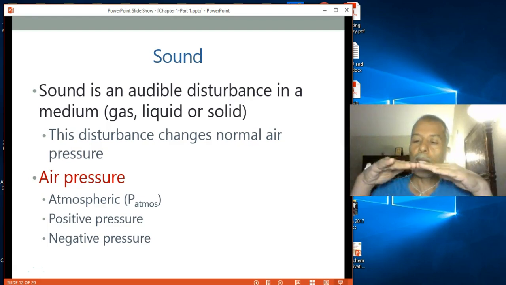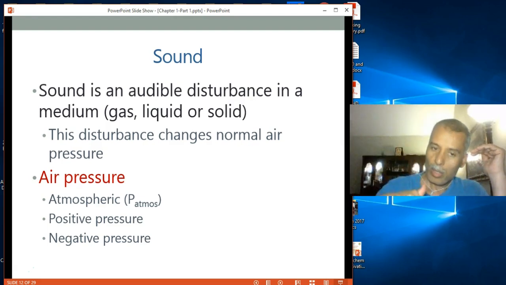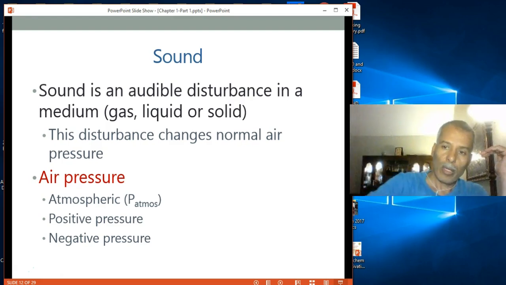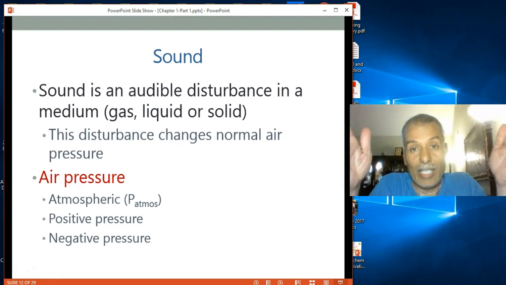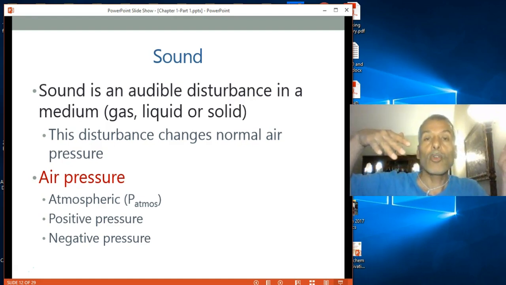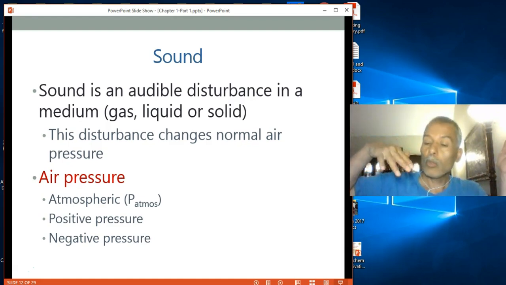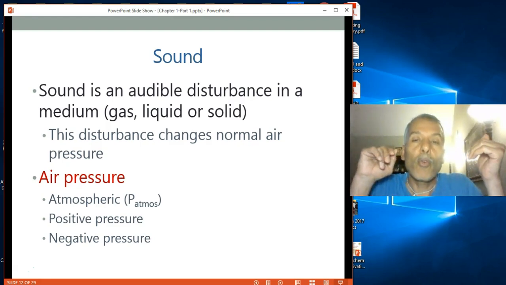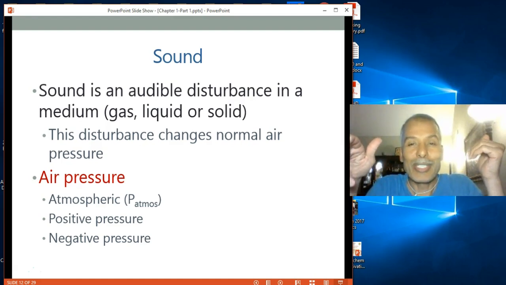And as you go lower, like say, deeper into the earth, like going down to the Dead Sea in Jordan, for example. As you go down, that's the lowest point on earth. You will be sitting next to someone and you will not be able to hear your own voice, not even speaking about the other person's voice.